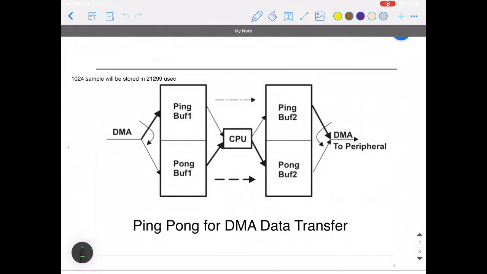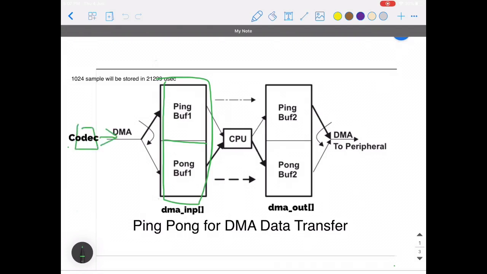After understanding the basic functioning of DMA, now we will see how the processor gets an extra amount of time if DMA is used. Our input buffer is divided into two parts, ping buffer 1 and pong buffer 1, and DMA is continuously taking data from the codec.